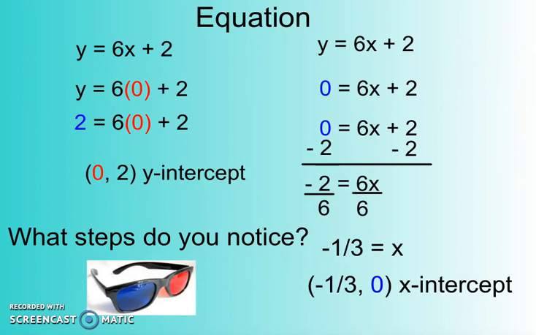Now, how about looking at an equation? Can you figure out what the x and the y-intercept is given an equation? Well, make some observations. What do you notice? What is going on in order to find the y-intercept and then the x-intercept?